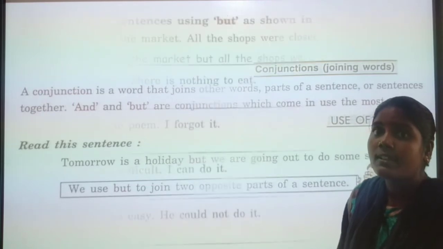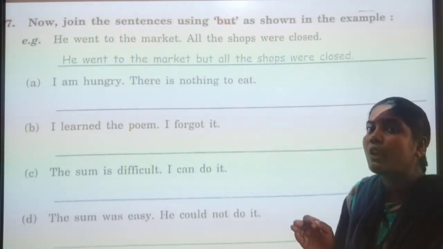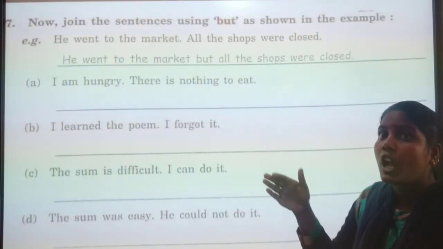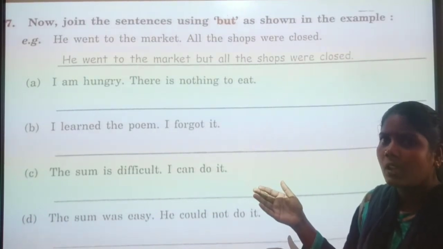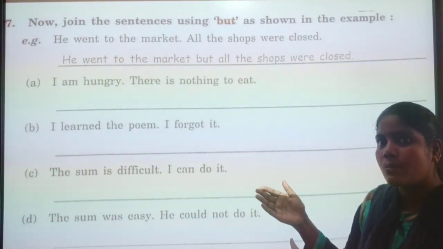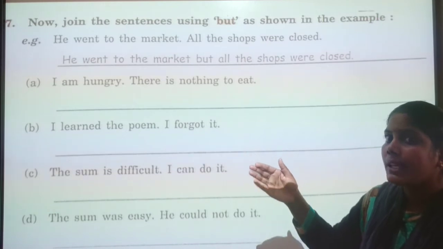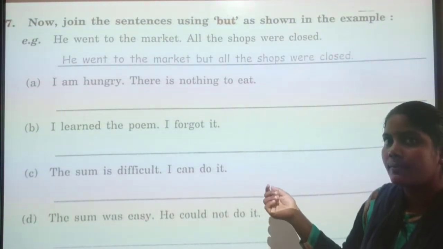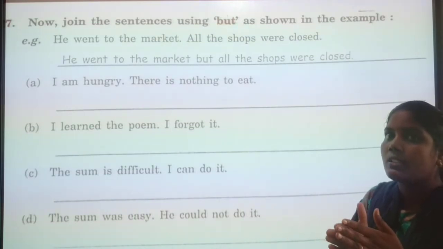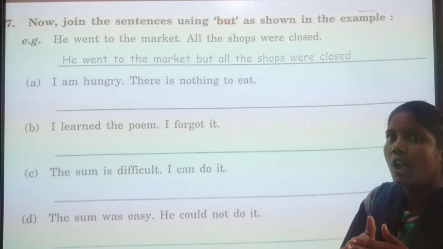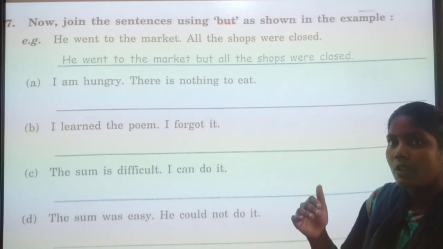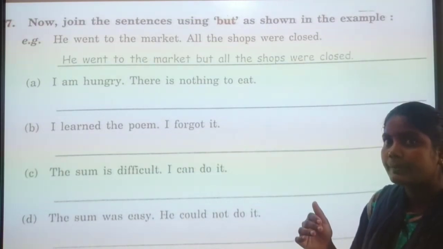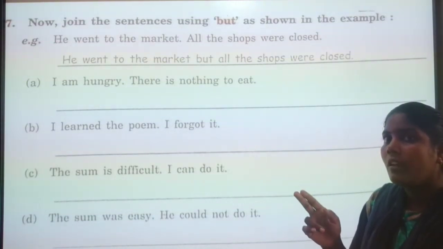So we use but for opposite sentences. Tomorrow is a holiday, that is one side, but we are going to do some social works. For these two sentences, if we want to join, we have to use but.